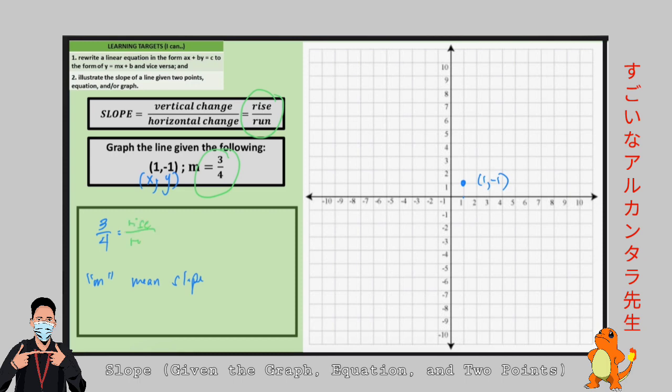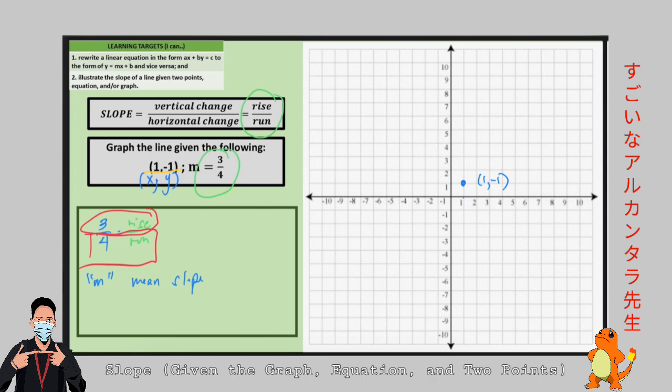So all you have to do here is plug in the formula, rise over run, and figure out the parts one by one. Based on the formula itself, the rise is 3 and the run is equal to 4. That's correct. We will use the point that was given to us as our starting point, and from there, we will go up or down, left or right, depending on the situation.